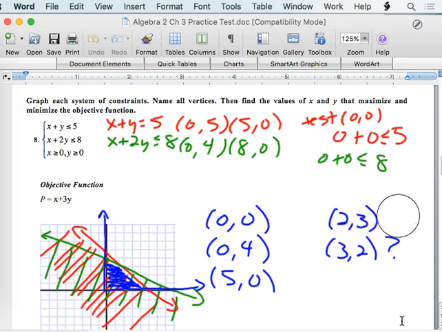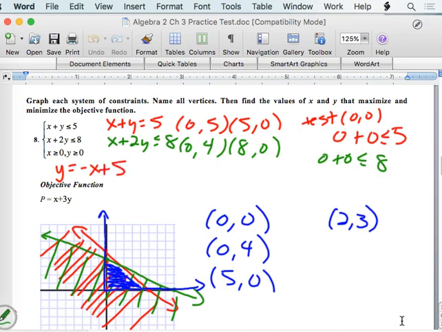Now, there's another way to check and see what it is. Grab your graphing calculators. Remember, almost all of the graphing calculators in the room are going to do the shading and everything for us. But what we have to do is get these to say y equals. So for my red one up there, I'd have to subtract the x from both sides.